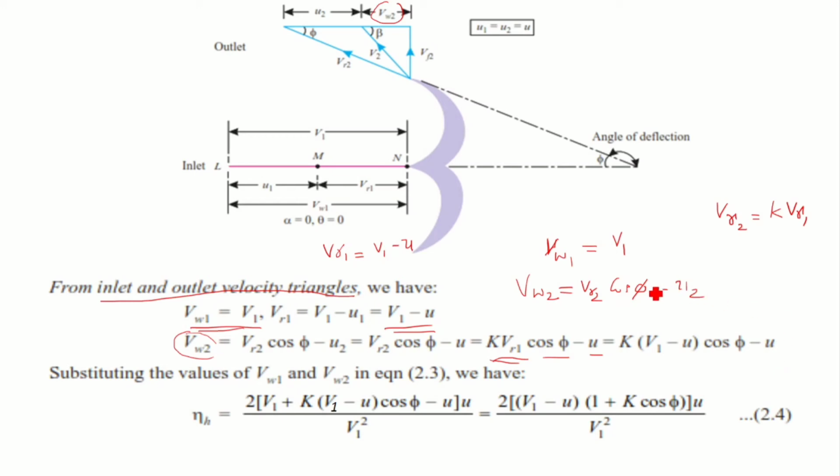So substituting the values of Vw1 and this term, which is equal to Vw2, in the efficiency equation, we will get the equation as 2 into V1 plus K V1 minus u cos phi minus u into u divided by V1 square is equal to 2 into V1 minus u into 1 plus K cos phi into u by V1 square.